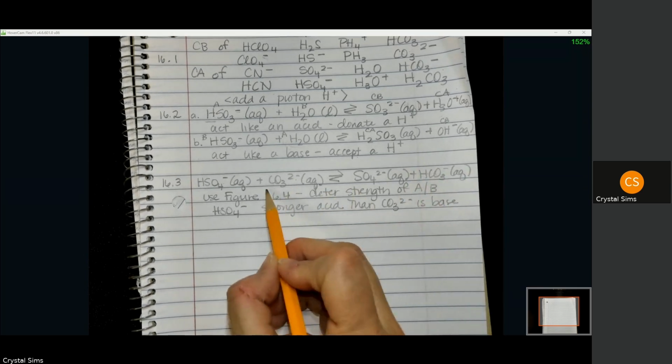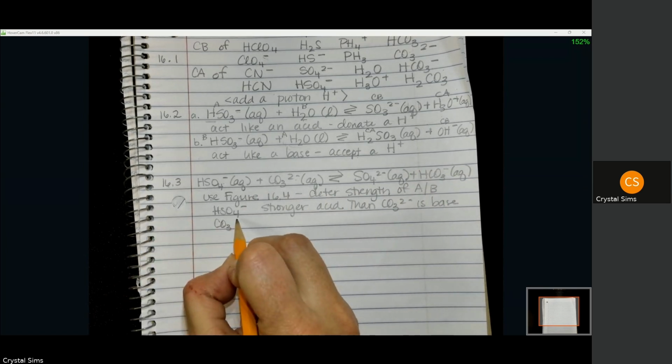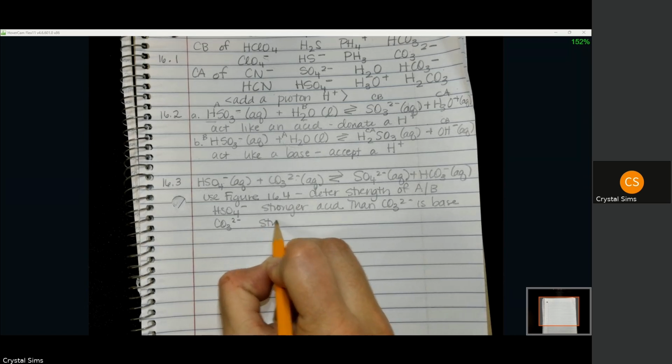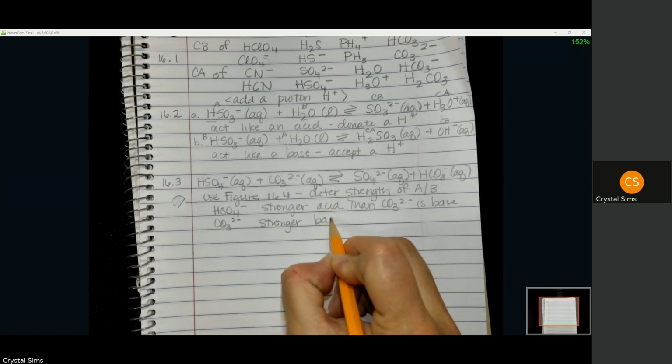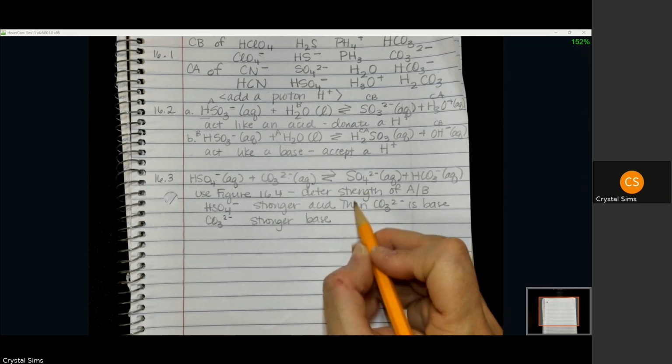And we see that the CO3 2 minus is a stronger base than the conjugate base of SO4.